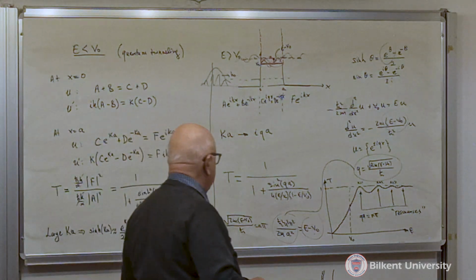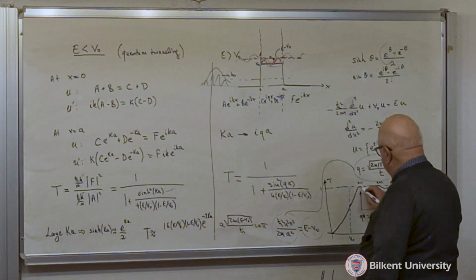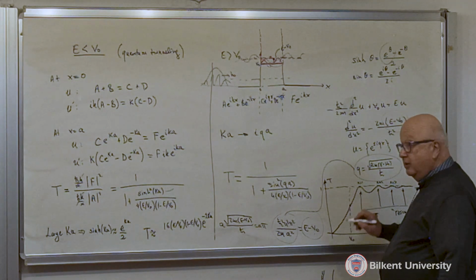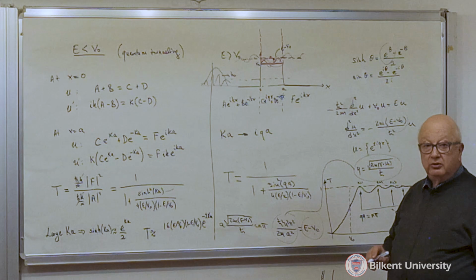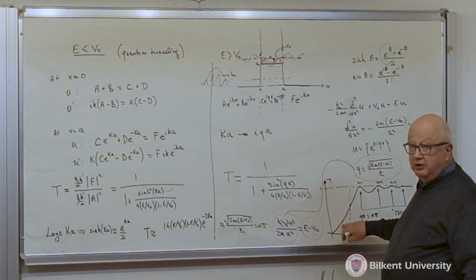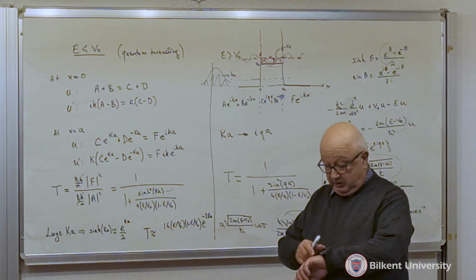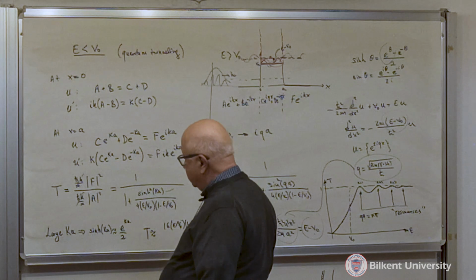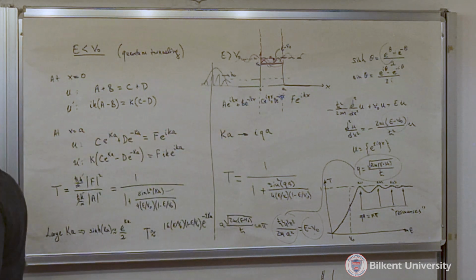There is no resonance. T is always less than 1, so there is a current. In fact, this is an important effect, so let me just take some time to talk about the consequences of this.